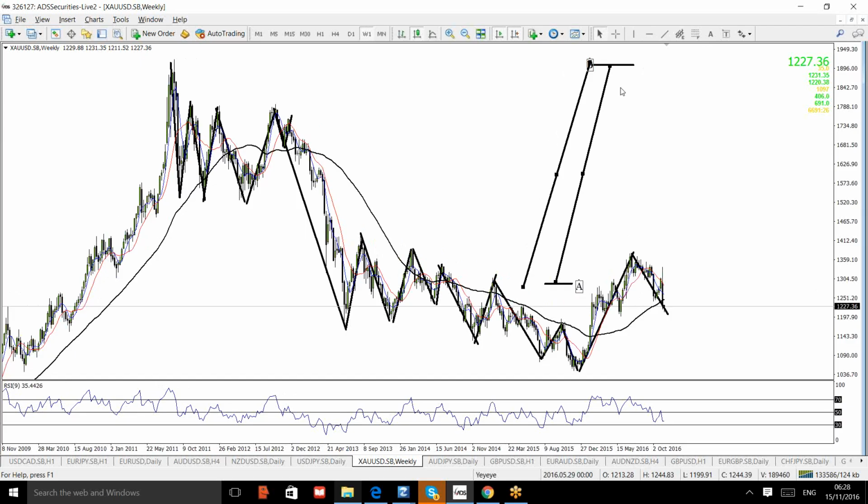Make sense guys? Retracement will be from B to the downside. This is called retracement. Correction, retracement.